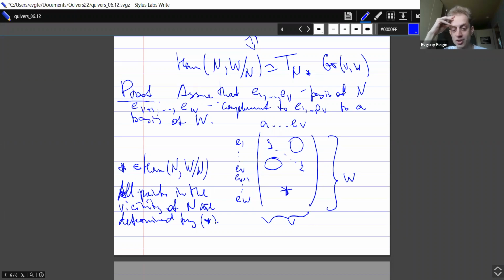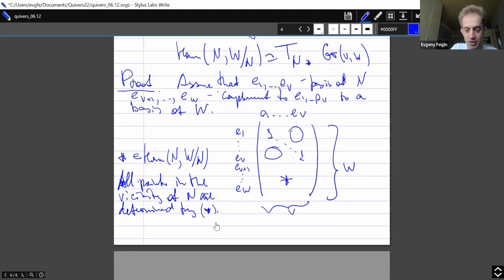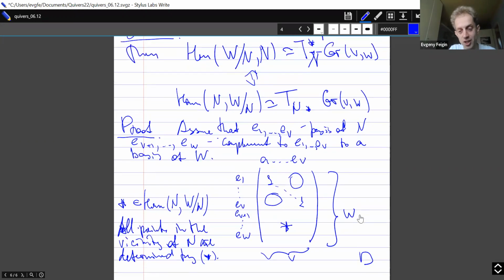This is the identification of a point nearby, in the vicinity of our N, and you see that this is exactly the homomorphism space from N to W mod N. Okay. So any questions about this claim and about this computation?